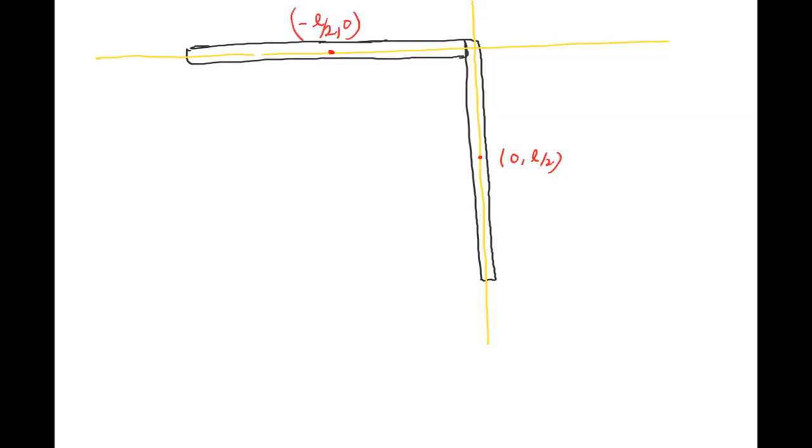Therefore, surely the center of mass of the system must be here, having coordinates of minus L by 4 comma minus L by 4. And the axis must be here only, perpendicular to the plane of the paper.